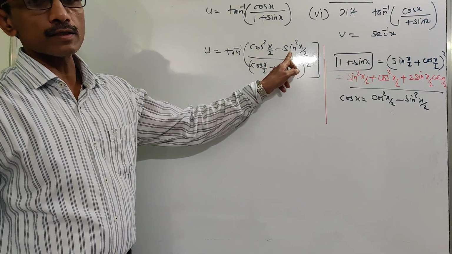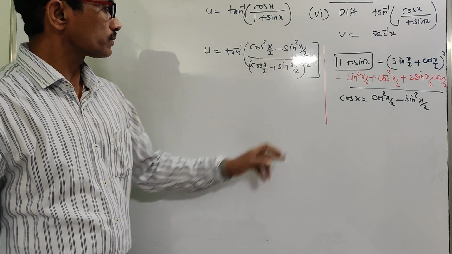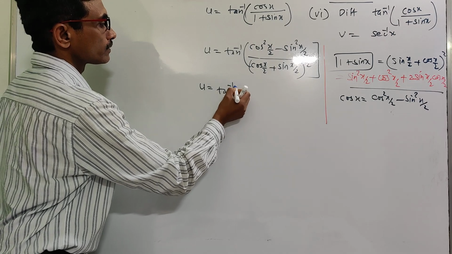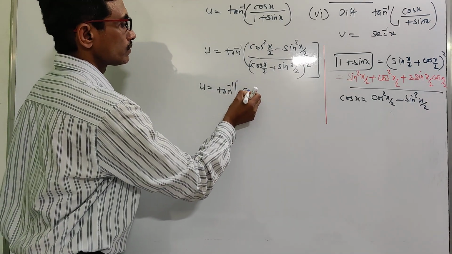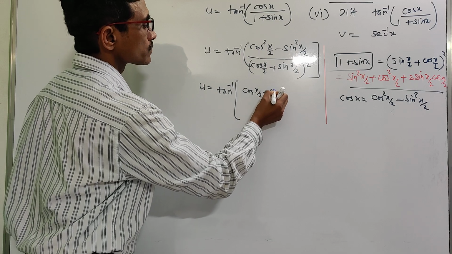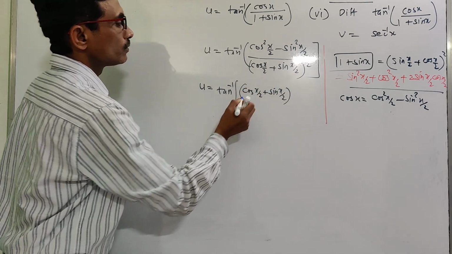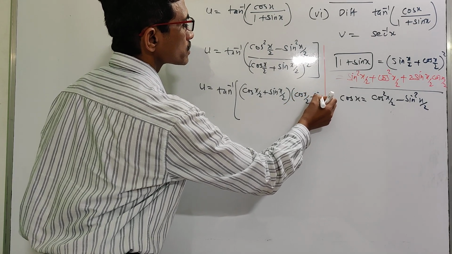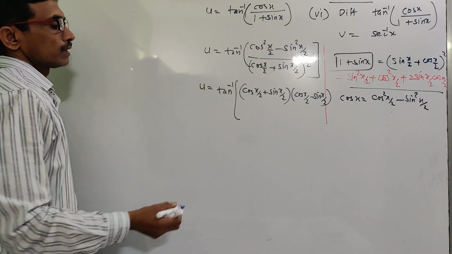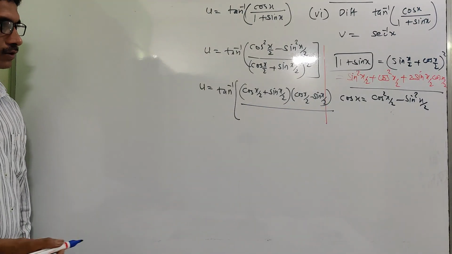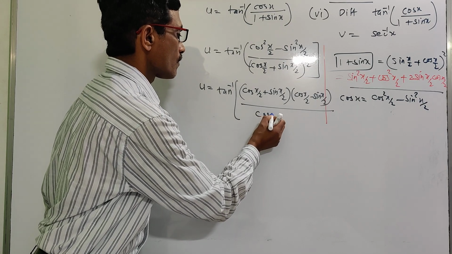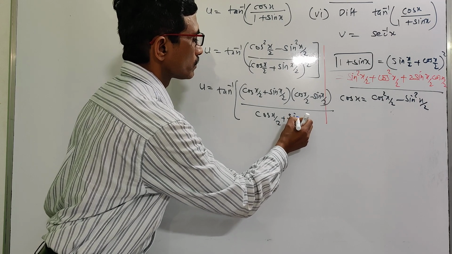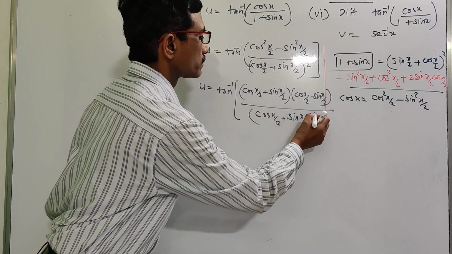Now the numerator is a square minus b square, a minus b, a plus b. So u is equal to tan inverse of cos x by 2 plus sin x by 2 into cos x by 2 minus sin x by 2 upon denominator cos x by 2 plus sin x by 2 whole square.